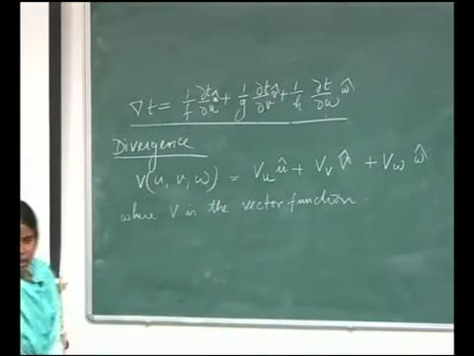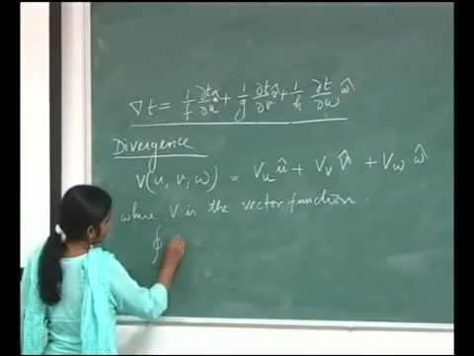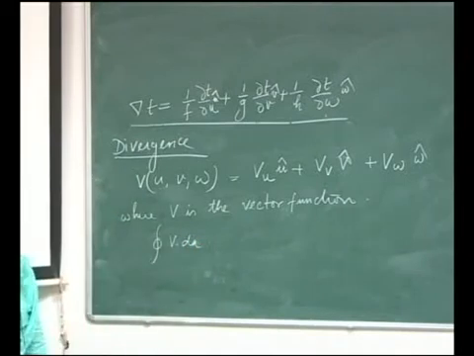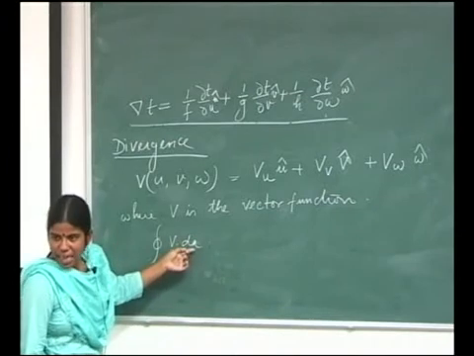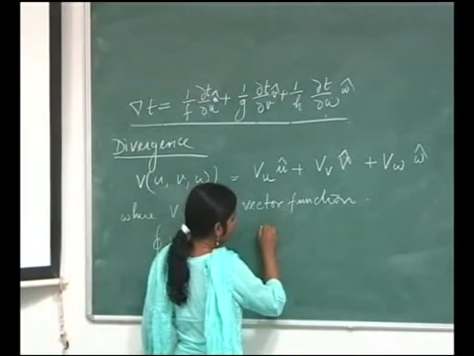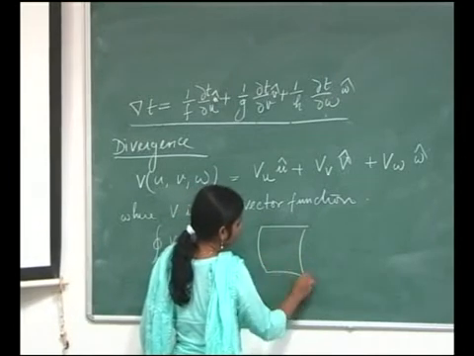Now I am interested in evaluating the integral V dot dA. A is the small surface area generated on a parallelepiped which looks like this.